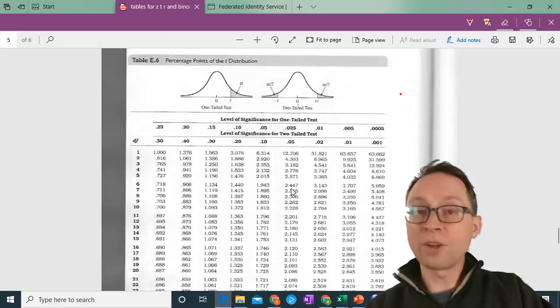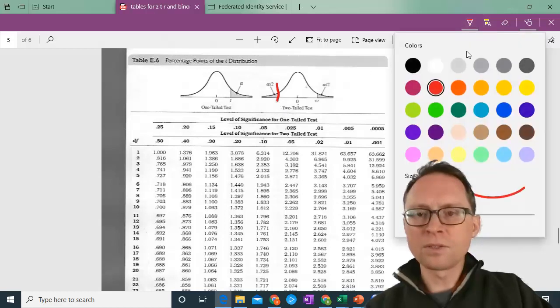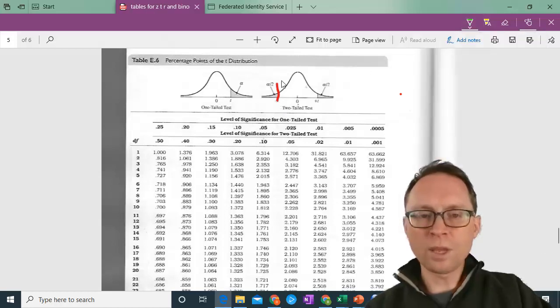So we fail to reject the null hypothesis. What it means is negative 2.447 is here, and the 2.38 that we calculated is here. So we have to fail to reject.